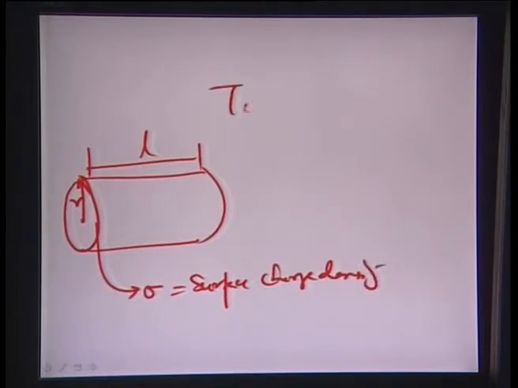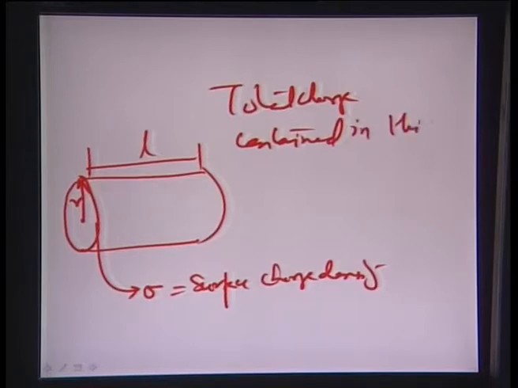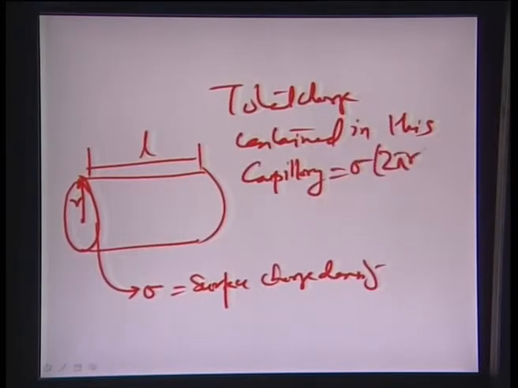Now, the total charge contained in this capillary is given by sigma times 2 pi r times L, 2 pi r L being the internal surface area of the capillary.